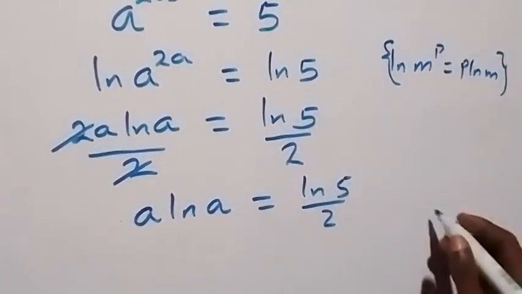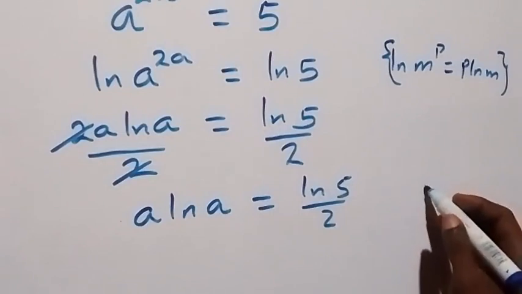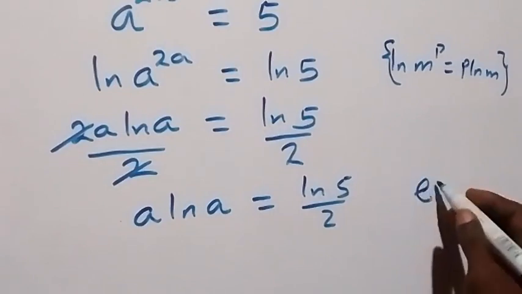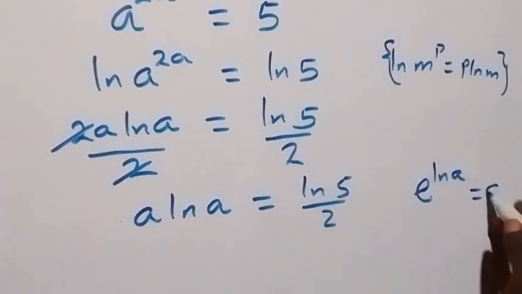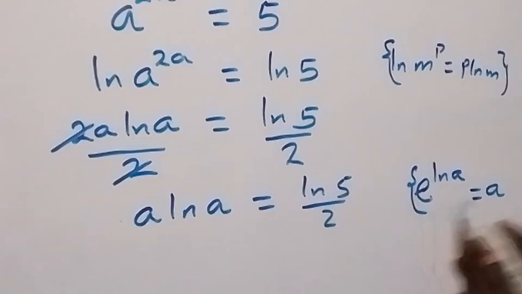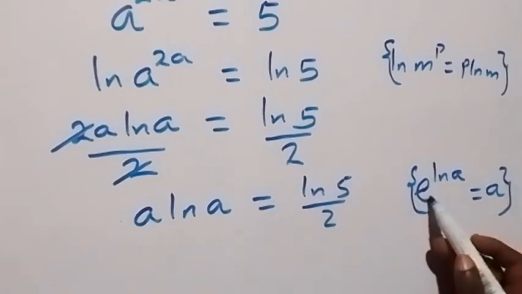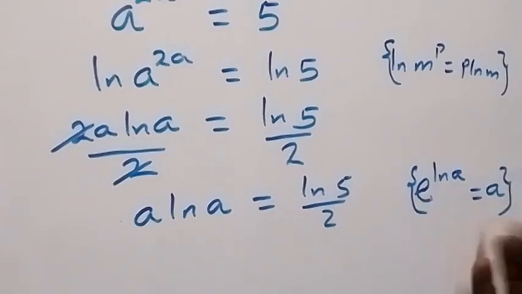And we should note that we can equally write a as e raised to ln a, and this is the same thing as a. That is, when we have this, e will cancel the ln and that is equal to a.